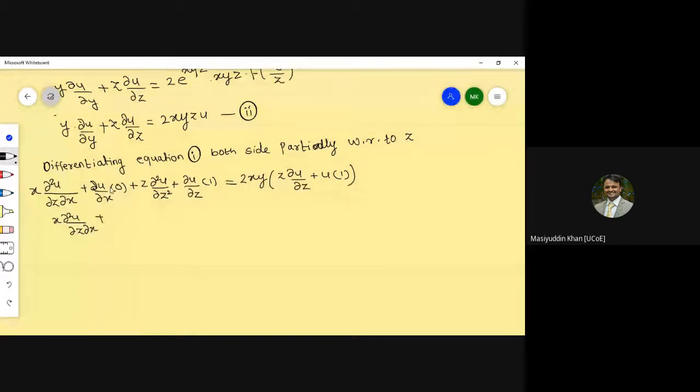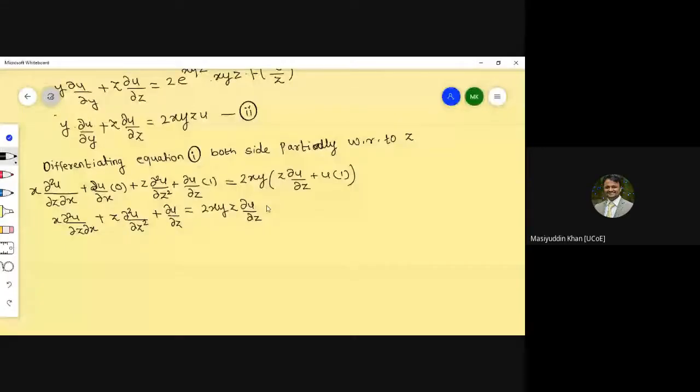So z into ∂²u/∂z² plus ∂u/∂z is equal to, multiplying these two parts, we get 2xyz into ∂u/∂z plus 2xy into u. So this is my equation number 3.